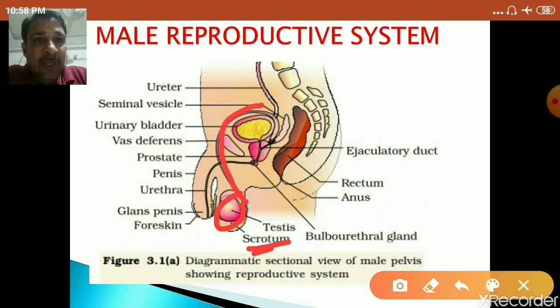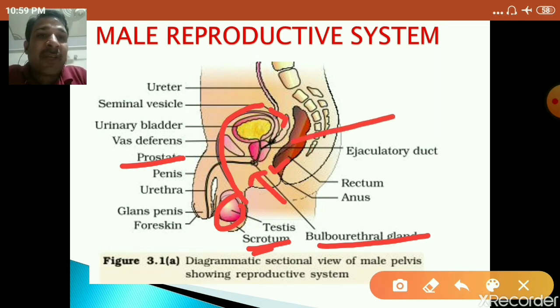That is the vas deferens. You can easily find it, and that portion you can see in yellow color. That is the urinary bladder, and you can find the accessory glands like the prostate gland. You can see it in pink color, that is the prostate gland, and also the bulbourethral glands, and also the seminal vesicles.